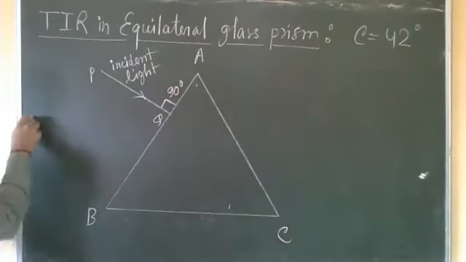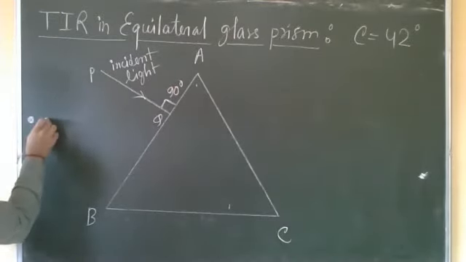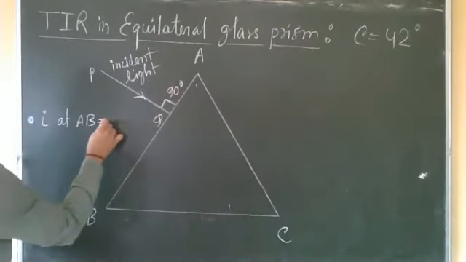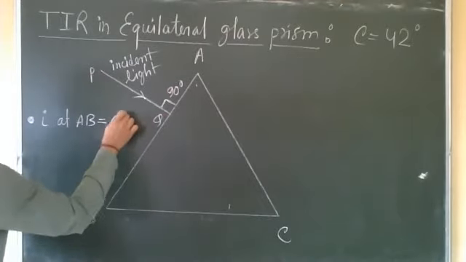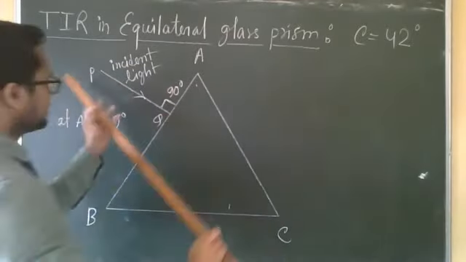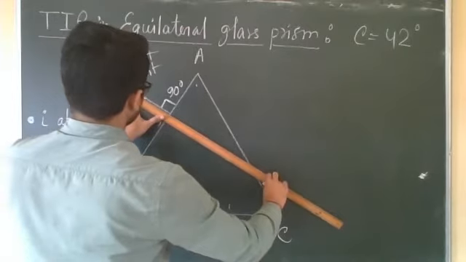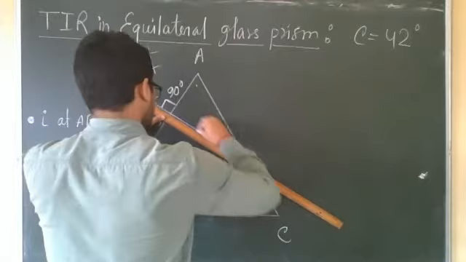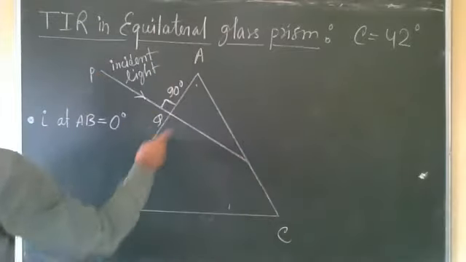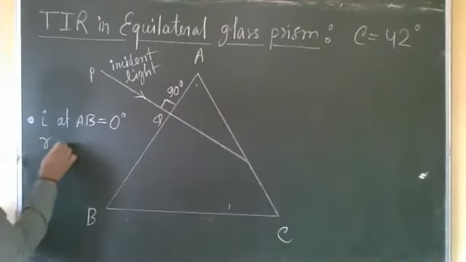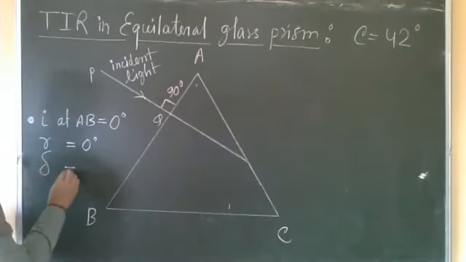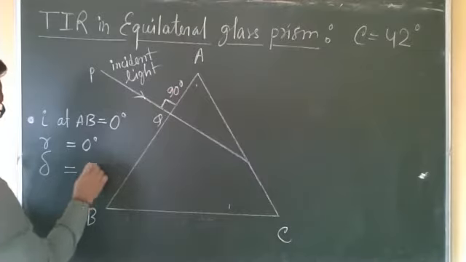Incident along the normal, so 0 degrees. So there will be no deviation in this case, and it will go in this way. What is the angle of refraction at AB? 0 degrees. What is the angle of deviation at AB? Also 0 degrees.